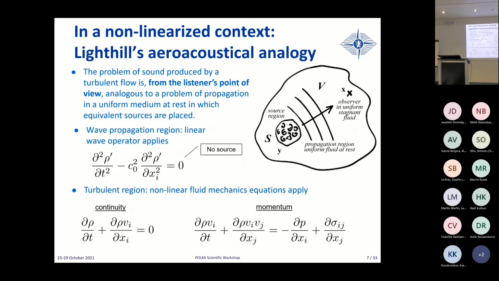And then in the source region, we have the fluid mechanics equations. The purpose of the game is to make this look like this, and automatically we'll have something there. By recasting the equations of fluid mechanics into something like a wave propagation operator, I've effectively removed the complexity in here. I say that the acoustic wave propagation equation applies everywhere, but then I will automatically have a right-hand side that will account for the effect of turbulence and all those mechanisms in the source region.